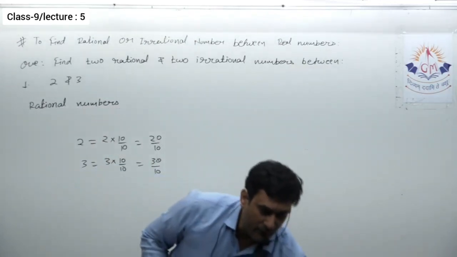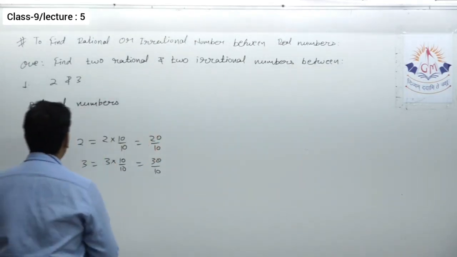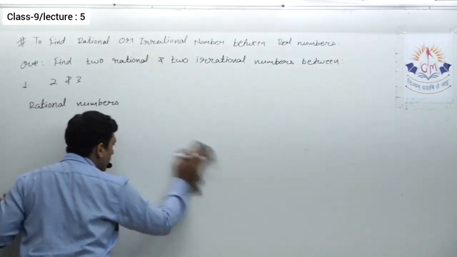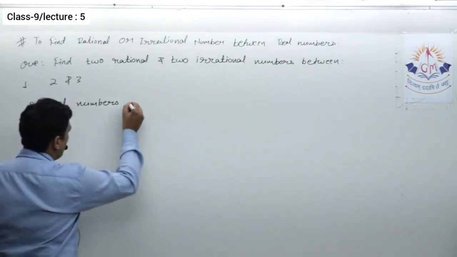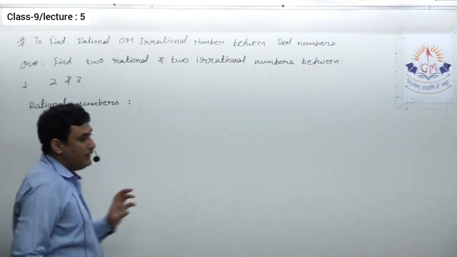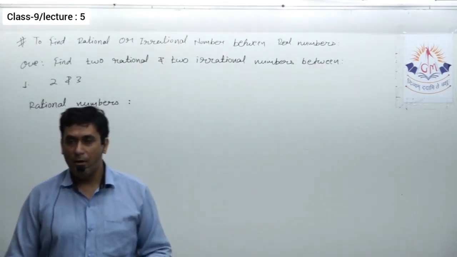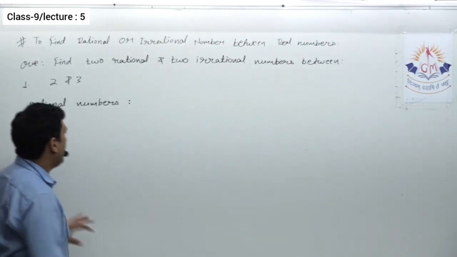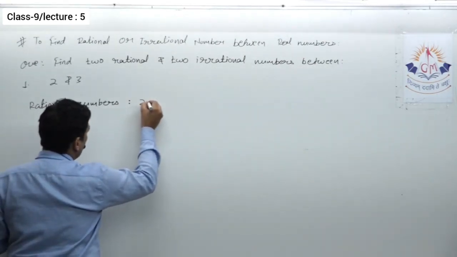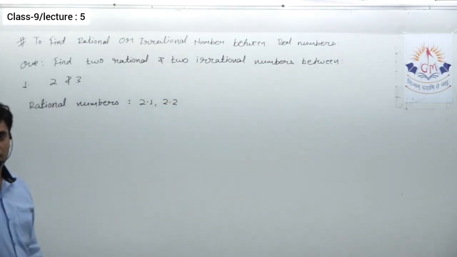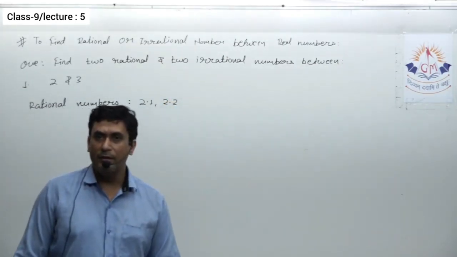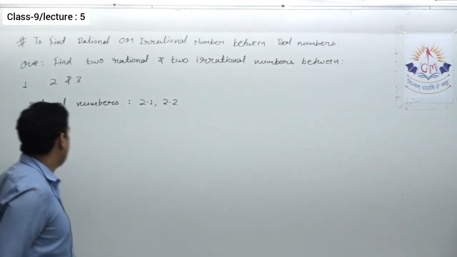Definitely in that way I can find the rational numbers between the given numbers. But we won't follow this method. It's very easy. Simply it is 2 and 3. So rational numbers, here we know that decimal numbers are also rational numbers. So here I can directly write rational numbers 2.1, 2.2. These are two rational numbers between the given numbers.